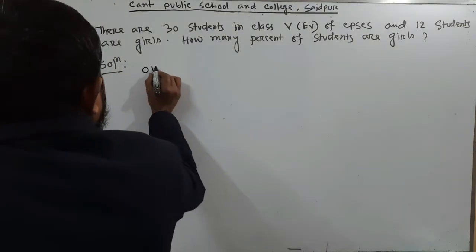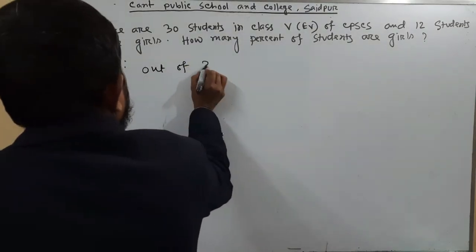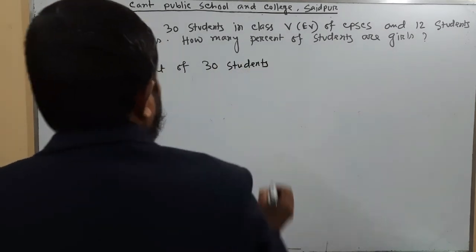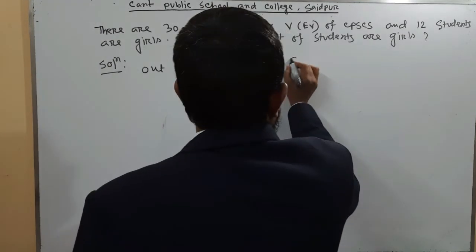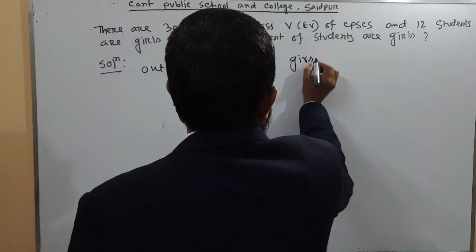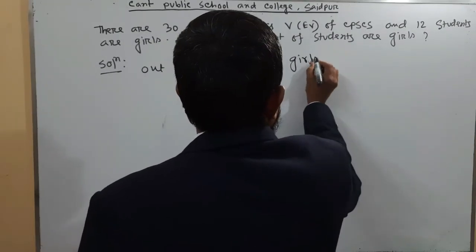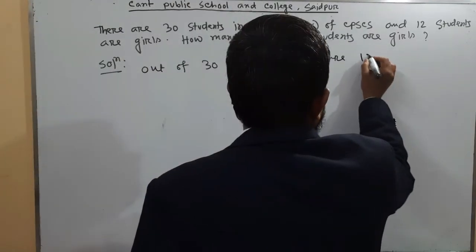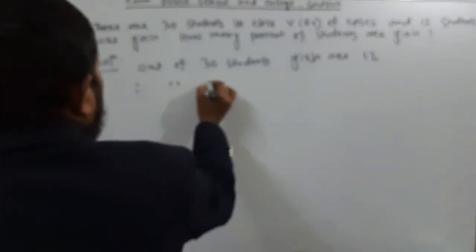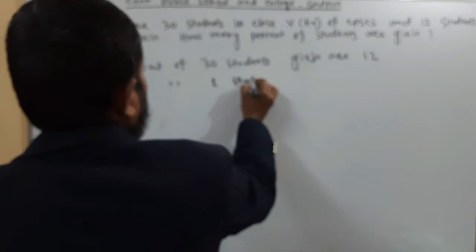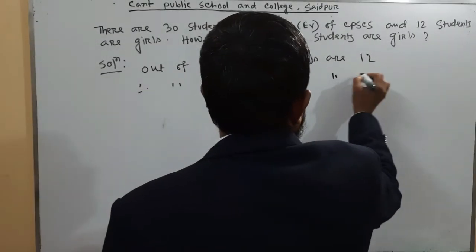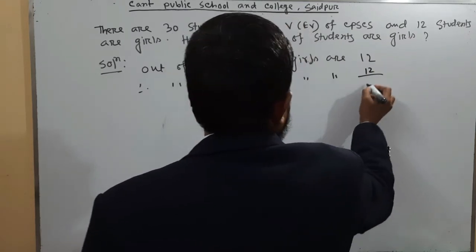Out of 30 students, girls are 12. Out of 1 student, girls are 12 divided by 30.